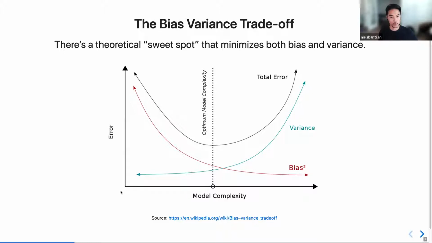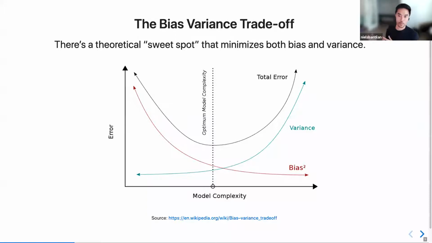And generally speaking, this is obviously an idealized plot, but the more complex your model is, the more capacity it has to fit the training data. But then you're also trading off variance, in that if it's really complex, it can just memorize the training data.